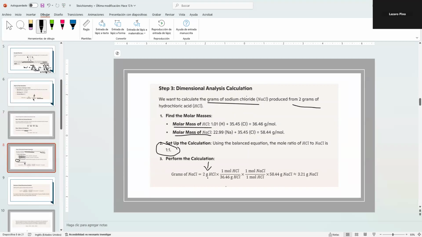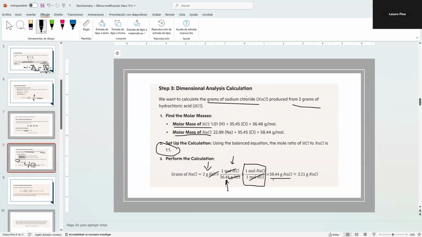So, we begin by what is given. Mass of hydrochloric acid. Then I use the molar mass of hydrochloric acid to convert grams, that is what is given, into moles of hydrochloric acid. And later, using the ratio, we can calculate the moles of sodium chloride. But the question is not moles. We want to know the mass of sodium chloride.